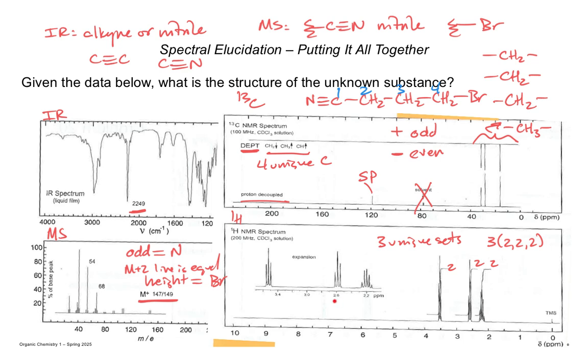Then we see this other triplet at about, is that 2.6? So that has to be the hydrogens on carbon 2, because it's also a triplet. The hydrogens on carbon 3, you have 4 neighbors, so 4 plus 1 is 5. You can assign it to that signal there just based on the number of lines in it. So altogether, that fits nicely in explaining everything that we see based on that structure.